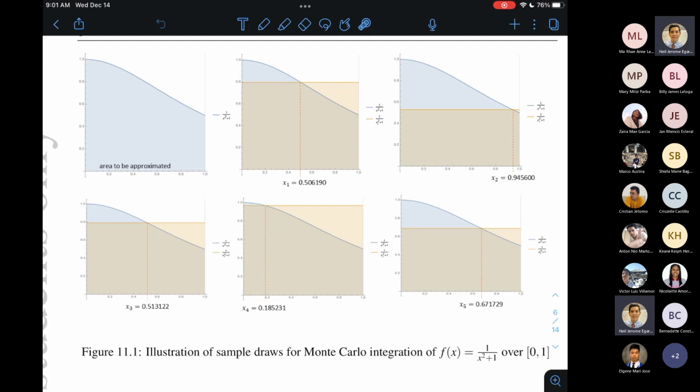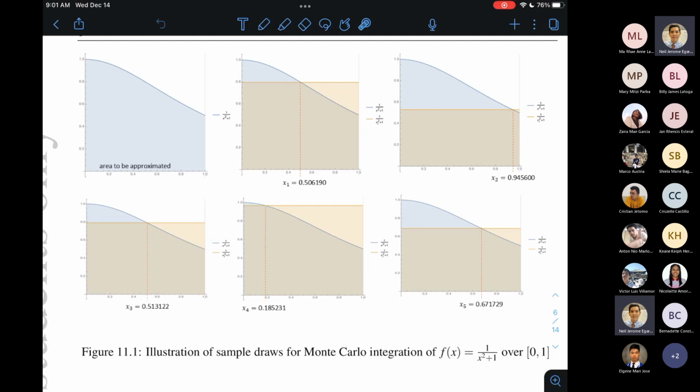So x4 on itself is not a nice approximate to the integral. Pero if I will look at it in a larger context, I have another random number, x sub 2, all right? Ito yung nabunot ko na x sub 2, and this is the rectangle that I'll get from that x sub 2. Ang laki naman nung underestimate because that rectangle didn't include this blue portion, which is originally in the area of the region we are approximating, right?